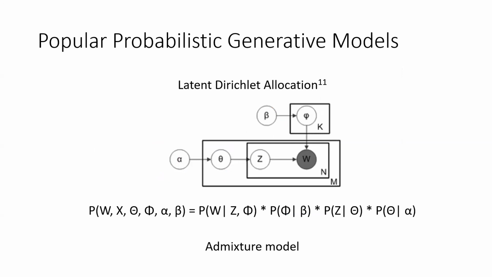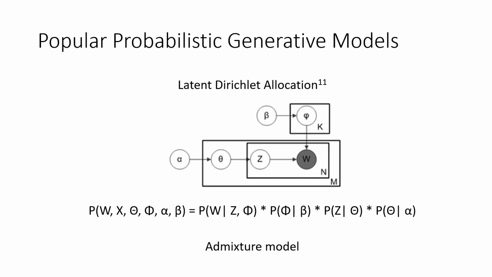Now, how is this generative model defined? The model assumes that the input is the words in the document, and every document contains different topics, and a word is generated by one of those topics.